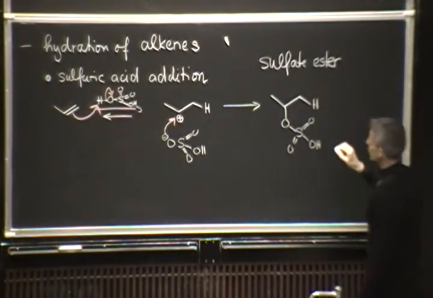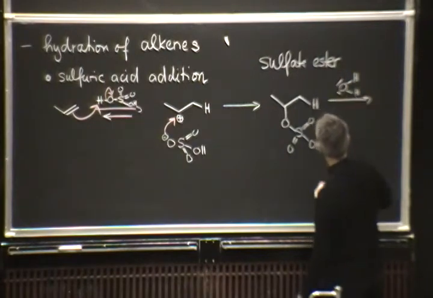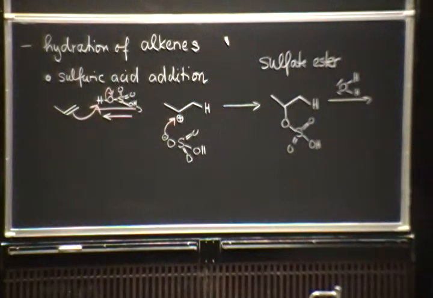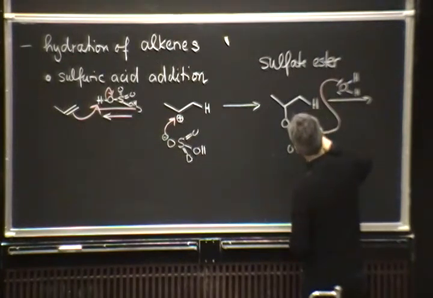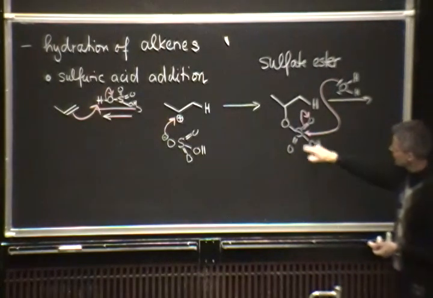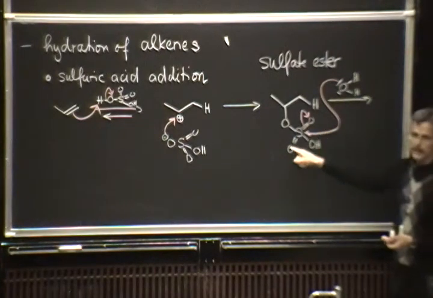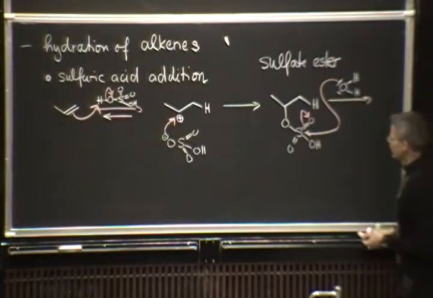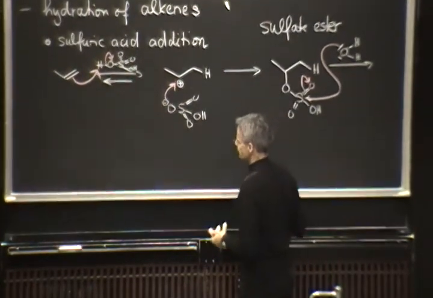So now from here on we can go to the alcohol by adding water. And water will attack the sulfur. That's similar to a carbonyl addition because obviously the sulfur is very electron deficient, because it is attached to all these electronegative oxygen atoms, including oxygens that have formal double bonds to the sulfur atom.